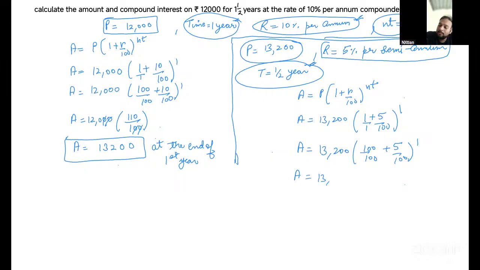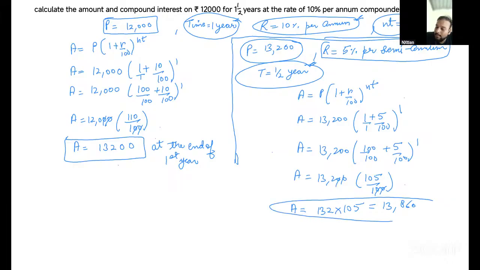The amount will become 13,860. This is the amount after 1.5 years, and compound interest is basically amount minus principal.